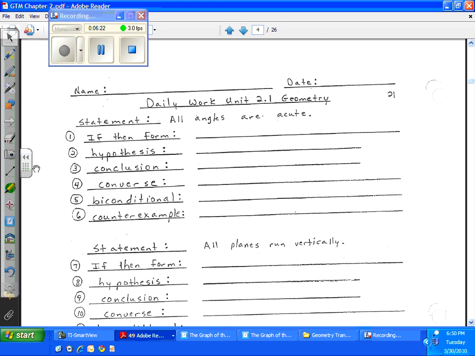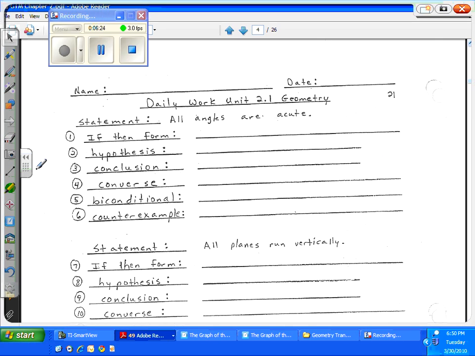Let's look at some of the daily work. What we're going to do is take statements and change them to if-then form. There's this assumption and then this conclusion. The statement is all angles are acute. So in if-then form, we would say if. Now, students have trouble with this sometimes.